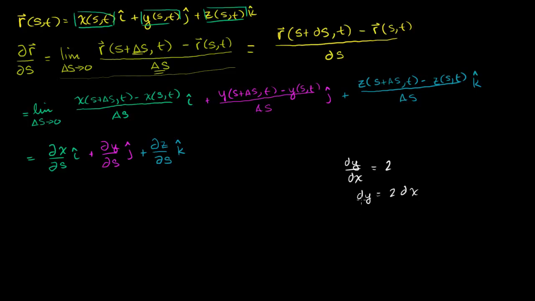The way I imagine it is super small change in y, infinitely small change in y is equal to 2 times, you can imagine, an equally small change in x. So if you have a super small change in x, your change in y is going to still be super small, but it's going to be 2 times that. I guess that's the best way to view it. But in general, I view differentials as super small changes in a variable.